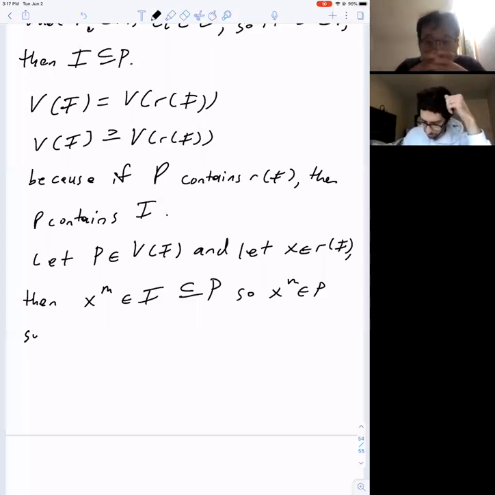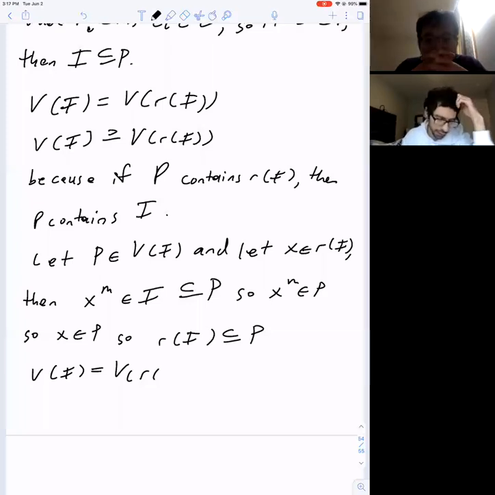So V(I) is equal to V of the radical of I. Okay, that's part one.